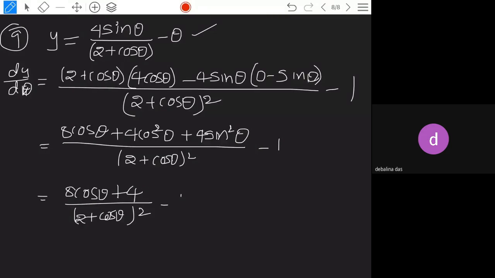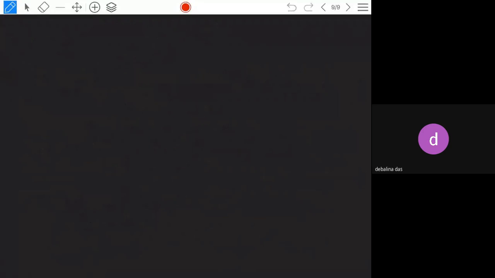To find the critical points, it is neither increasing nor decreasing, so we need to consider dy by dx is equal to 0.